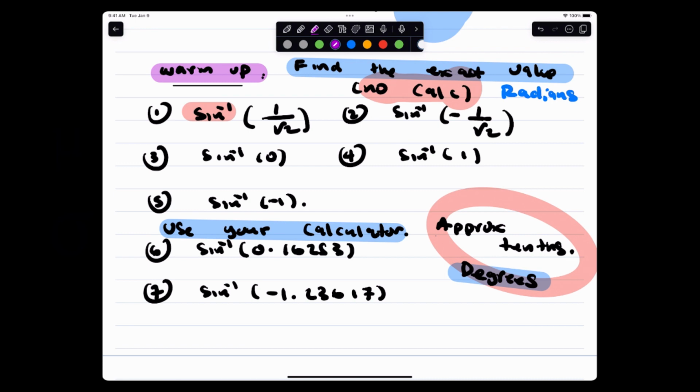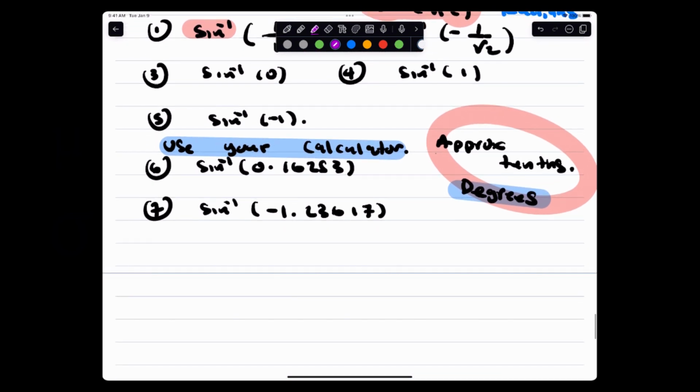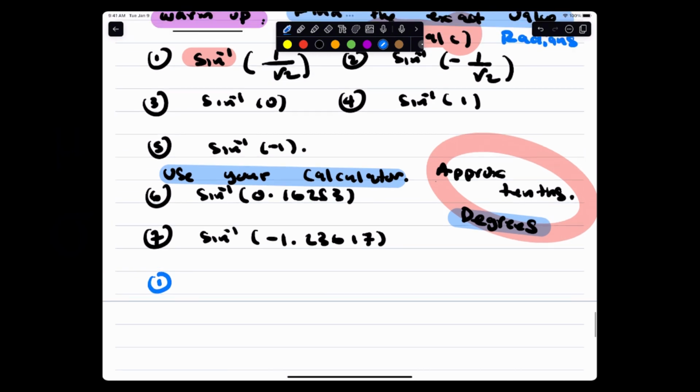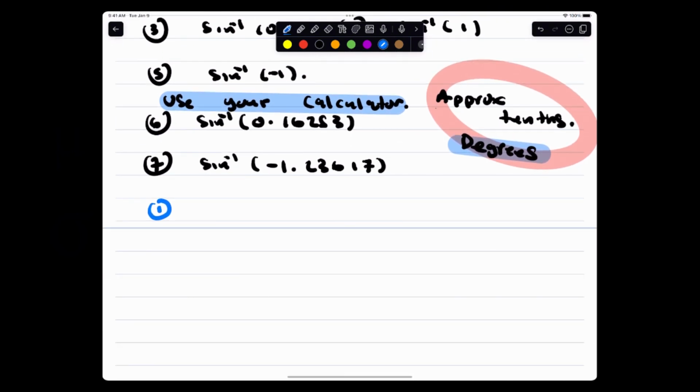All right, ladies and gentlemen, here we go. So let's take a quick look on this and go back and see the process. You guys remember? So here's the process you guys will employ today. Number one, what you say is you let theta be inverse sine of 1 over the square root of 2.